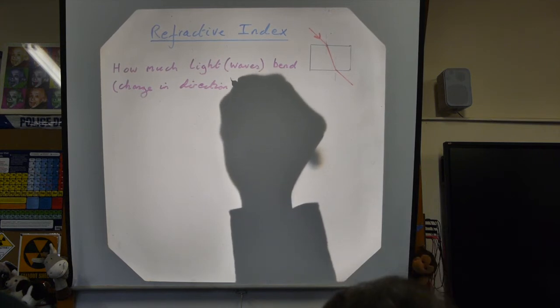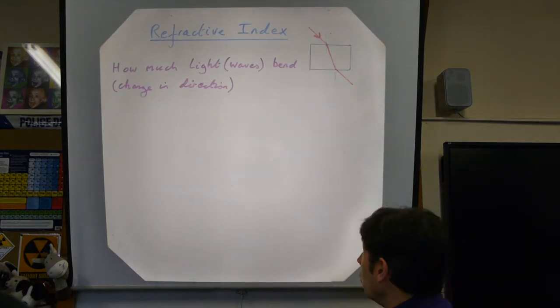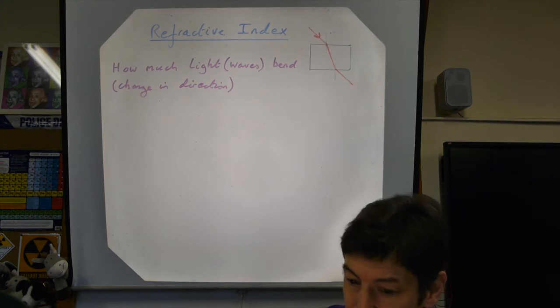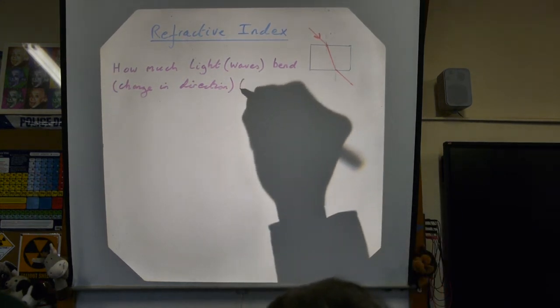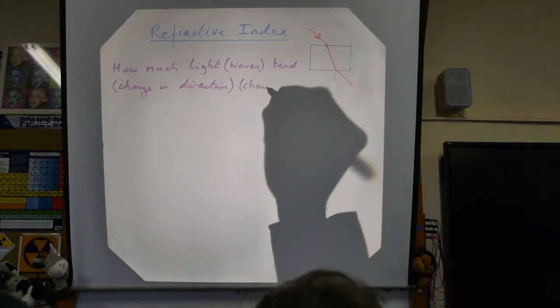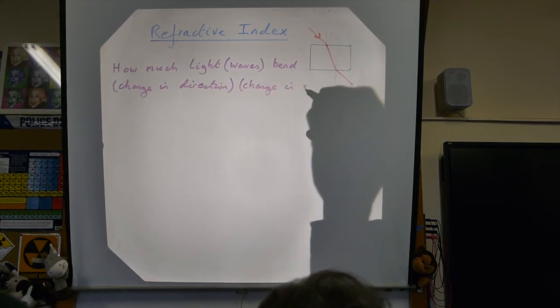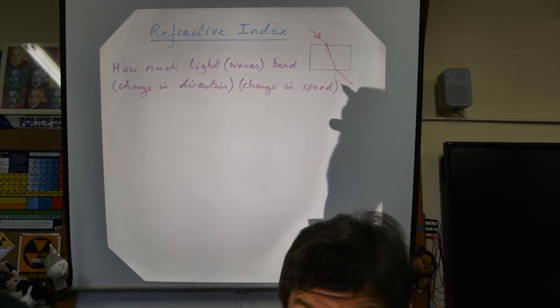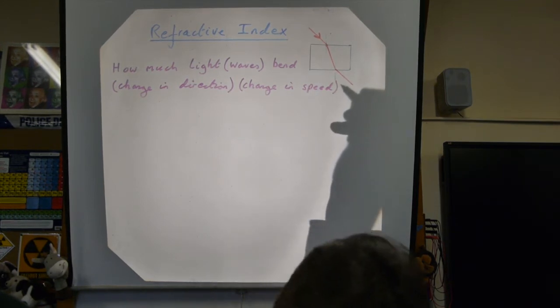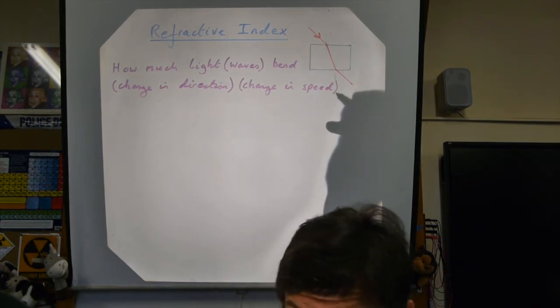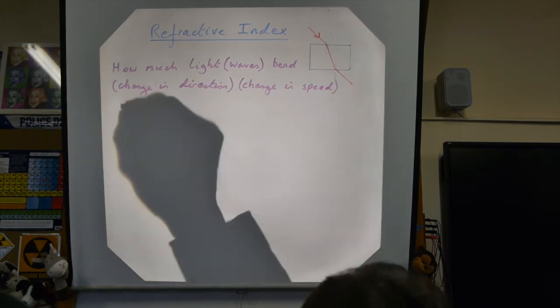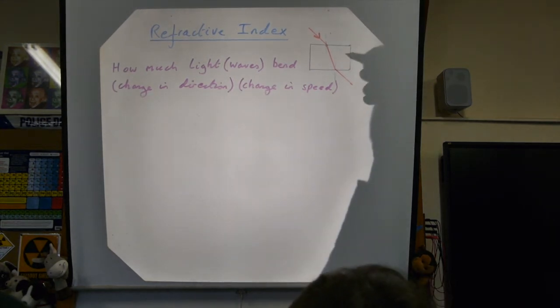The cause of it, if you remember, is change in speed. So I'm trying to put a lot of ideas up here to remind you. So how much it bends, changes direction or changes speed when going from one medium to another one.